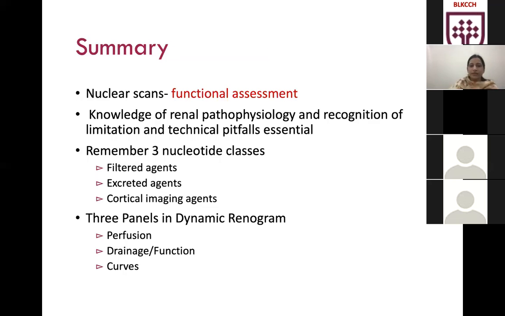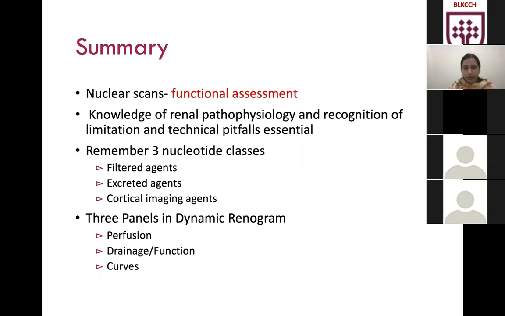So to summarize, nuclear scans give us important functional information about the organ of interest, and our basic knowledge of the physiology of the organ, but one should also know the limitations, like EC or MAG3 is a better agent in infants, and one should preferably not do these scans below 6 weeks of age because of renal immaturity.